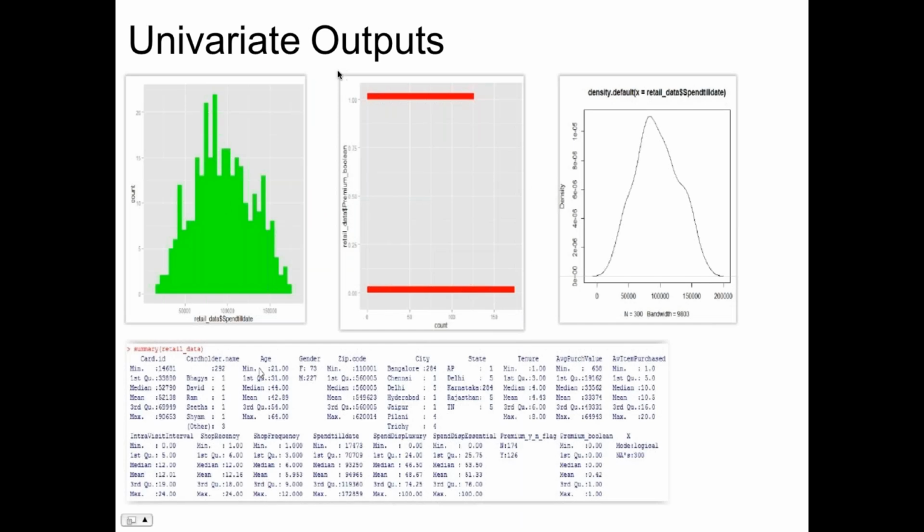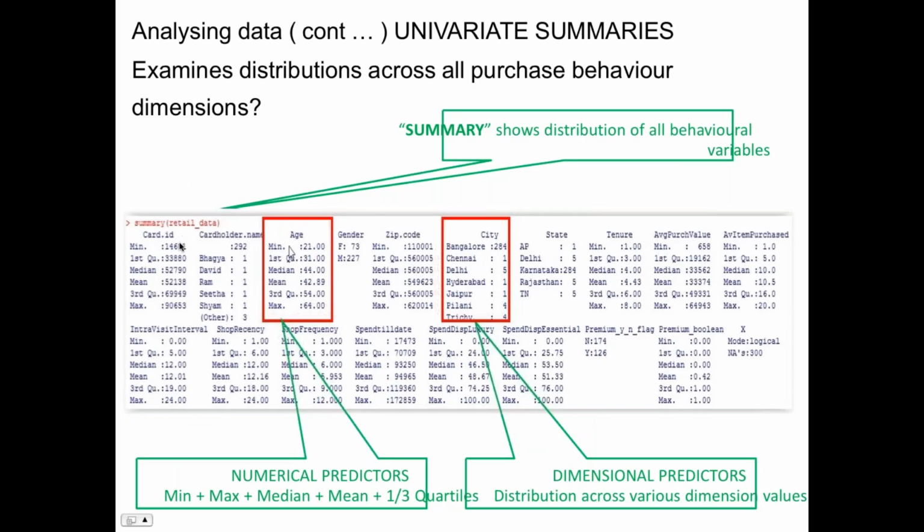Some of the univariate outputs from the data I've just seen: for each of the 18 columns, it's given me the mean, median, mode, the maximum, the highest, and the lowest. We'll study this in statistics. We haven't covered them yet. The summary command will show me the distribution of all behavioral variables.